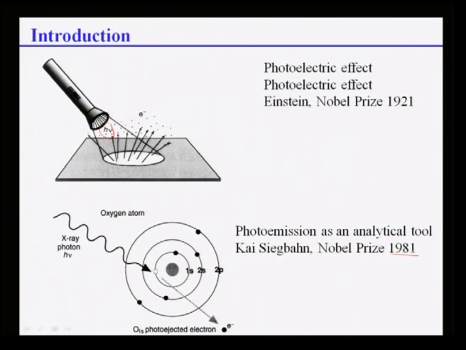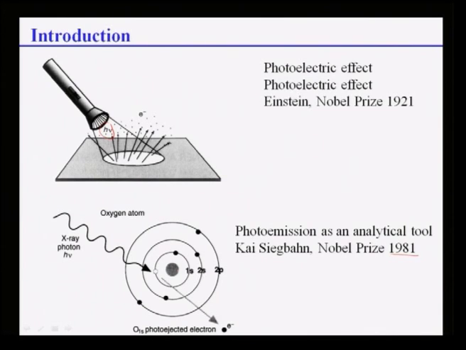So what is done here? You have an X-ray photon coming from an X-ray source. It can be any X-ray source like copper or nickel or chromium or iron, and this X-ray photon falls on a certain molecule. Here is an oxygen atom, and because of its high energy it ejects one electron from the inner shell, that is the 1s shell of the oxygen atom, and this electron comes out.